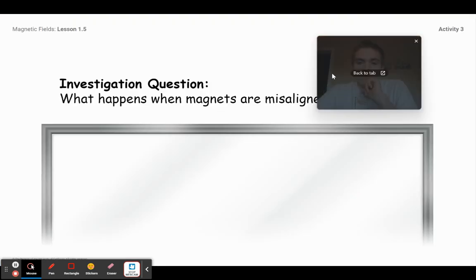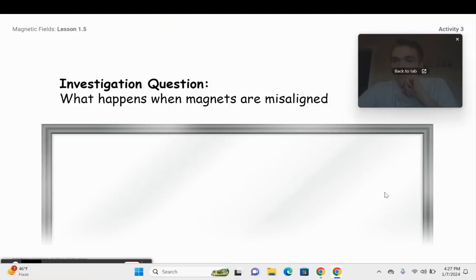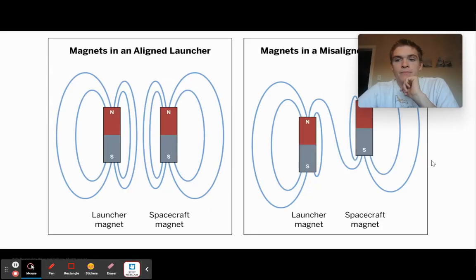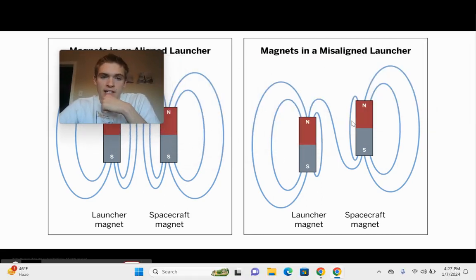So what happens when magnets are misaligned? Here we have a diagram of two aligned magnets. And here we have a diagram of two misaligned magnets. Notice that some magnetic field lines do not overlap.